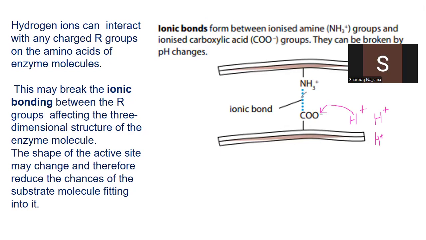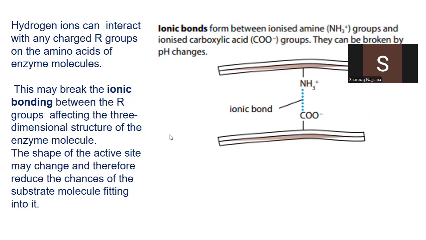So the moment the bonds are broken, the enzyme loses shape, the shape of the active site changes, and therefore the substrate cannot fit into the active site. You're going to have fewer enzyme-substrate complexes made, and eventually the rate of reaction decreases. So that is how pH affects enzyme activity.